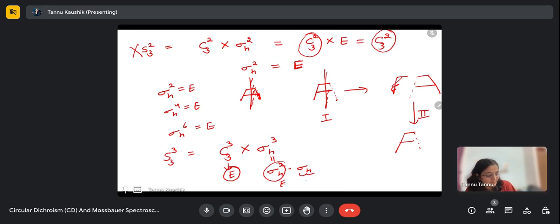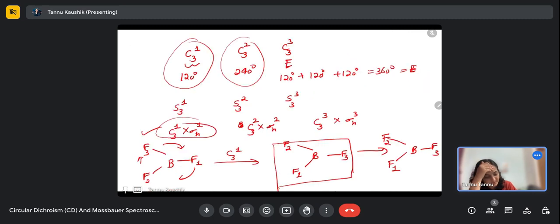We get only the horizontal plane as a result. Then if we count sigma h, which we have already counted in the number of symmetry elements, we can't count it again. So S33 is equivalent to sigma h. So the number of improper axes of rotation here we get is 1, which is only S31. Okay, ma'am.